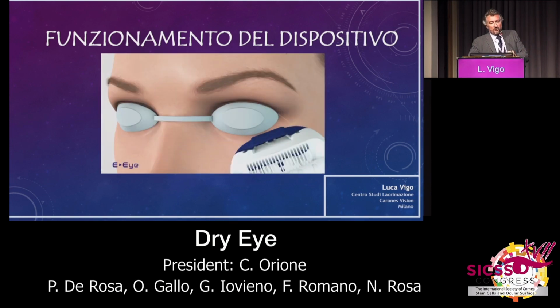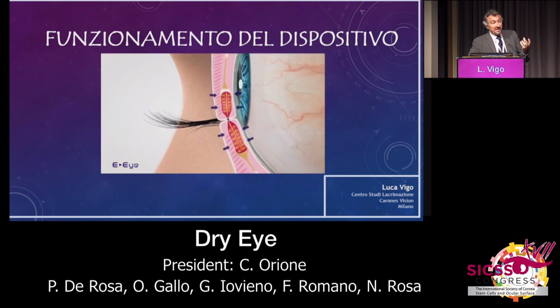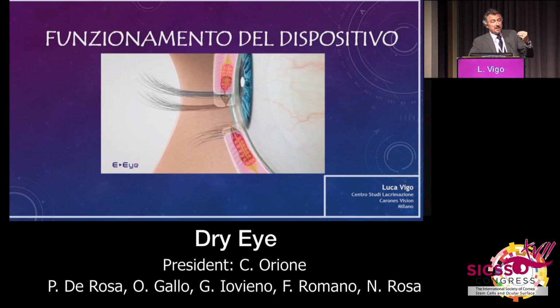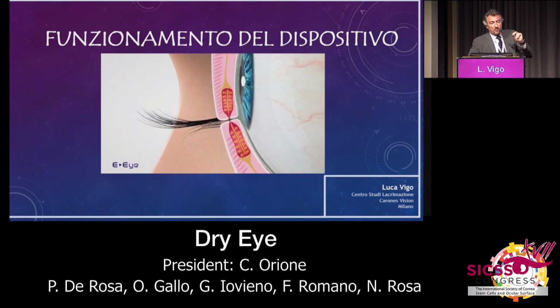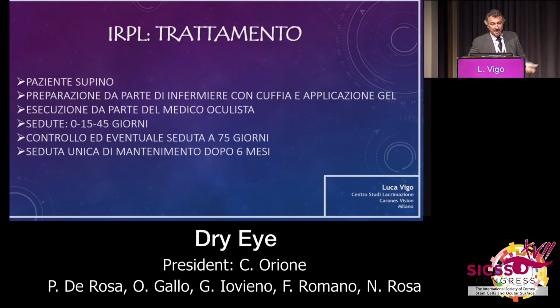So this device stimulates the glands, and by stimulating the glands, at any blinking more lipid component is released, so the tear film gets more stable, the lipid layer is thicker, it stays longer on the ocular surface, so less blinking and a wider and clearer eye, a less inflamed eye.